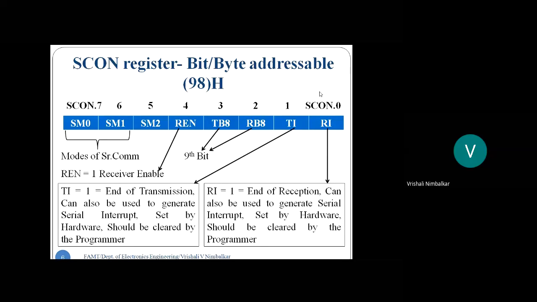The other way to understand whether the reception is completed or not is to activate the interrupts. When we study interrupts, we will activate the serial communication interrupt, and as soon as the RI bit becomes 1, the serial interrupt will be generated automatically.